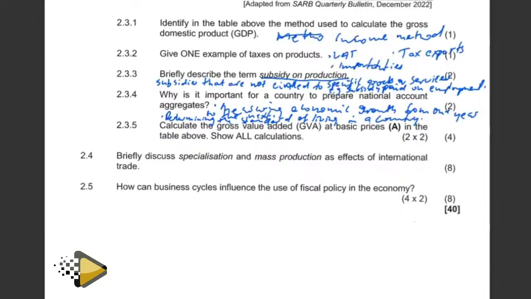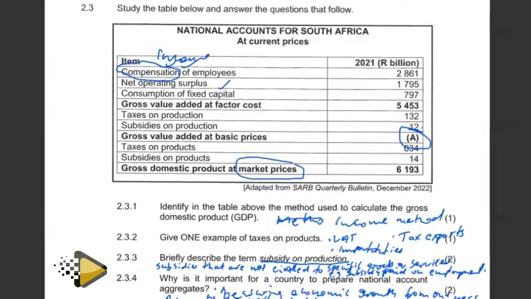Okay, right. Now moving on to the next question, 2.3.5, where you're supposed to calculate the gross value added at basic prices in the table shown above. If we check the table, what we should calculate is the missing value, which is A. The expectation is to deal with these figures: value added at factor cost.